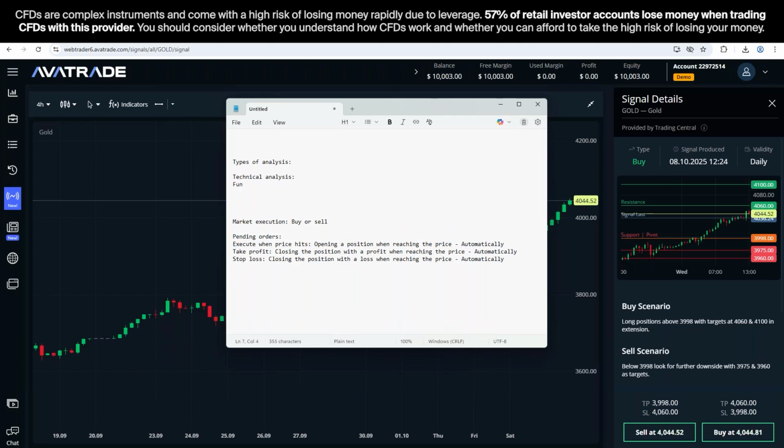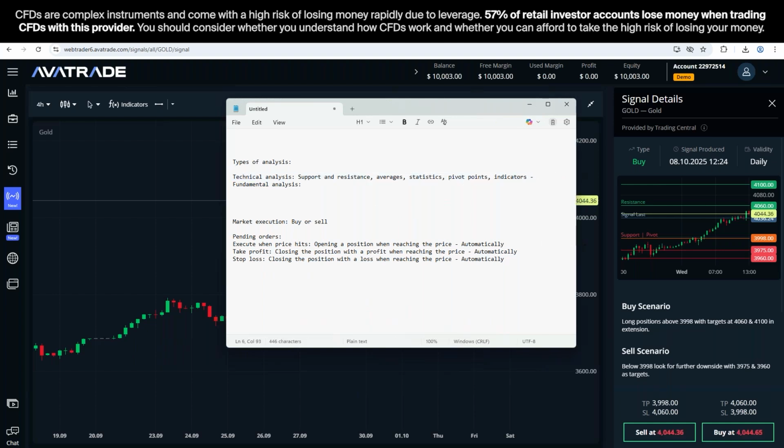We've got fundamental analysis. In technical analysis, we're going to find support and resistance. We're going to find averages. We're going to find statistics. We're going to find pivot points, indicators, and so on. And this will be our how. This will be how things are moving.